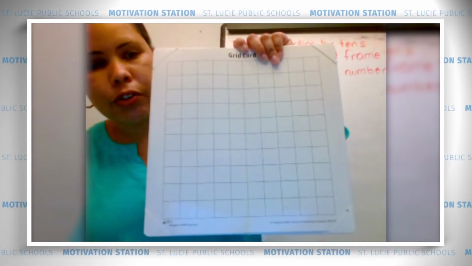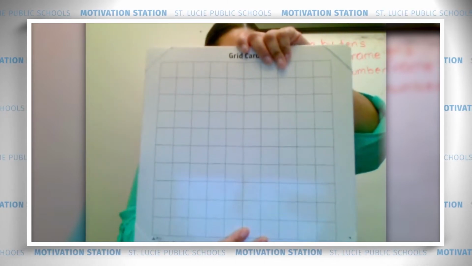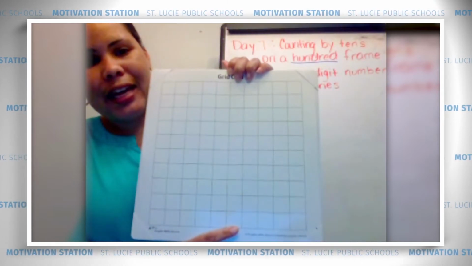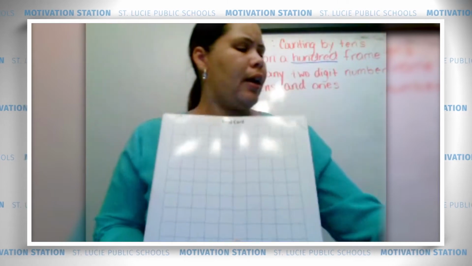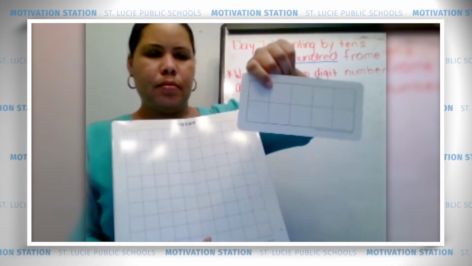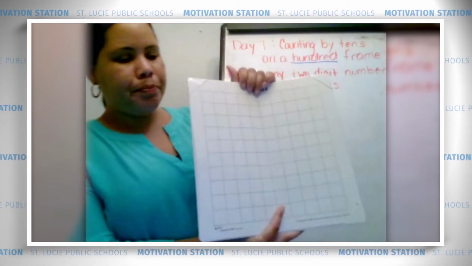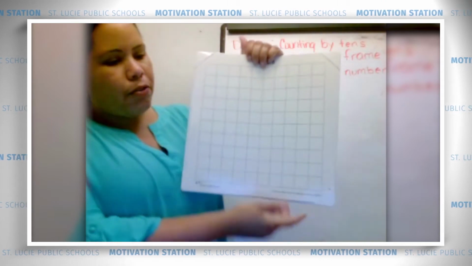What are you wondering? It has way more than 10 squares, right? Our 10 frame only had 10. This has way more.